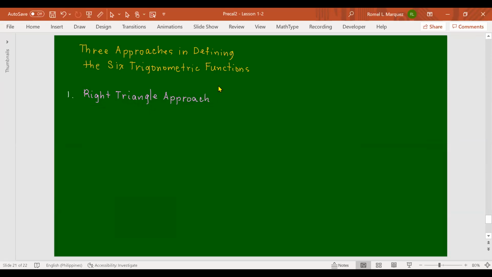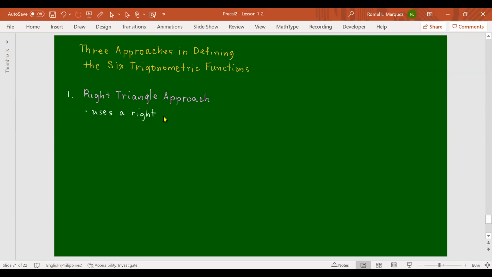Right triangle approach makes use of a right triangle in defining the 6 trigonometric functions. So it uses an actual right triangle.